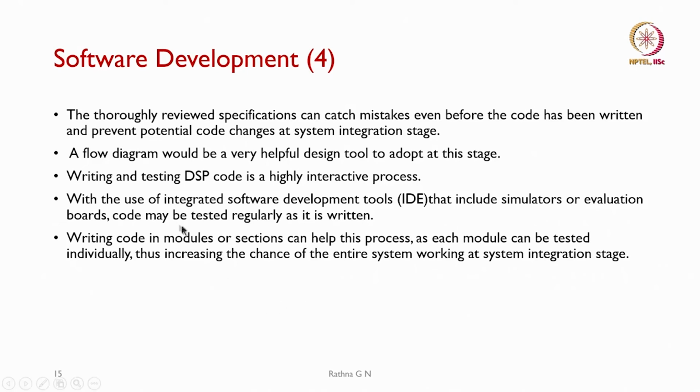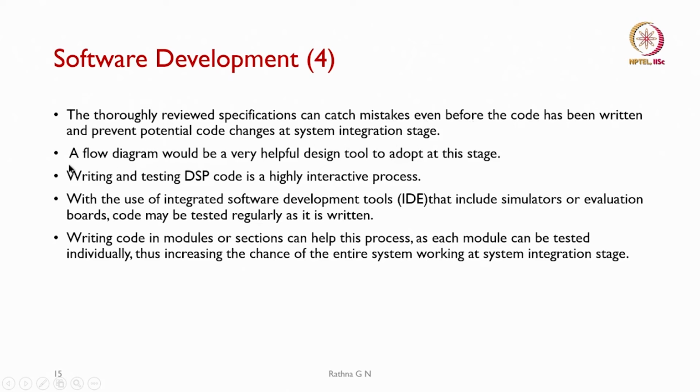So, the next one in software development is we have to thoroughly review specifications to catch the mistakes even before the code has been written and prevent potential code changes at the system integration stage. This becomes a little cumbersome, so it is better to see that all the errors are fixed much earlier.